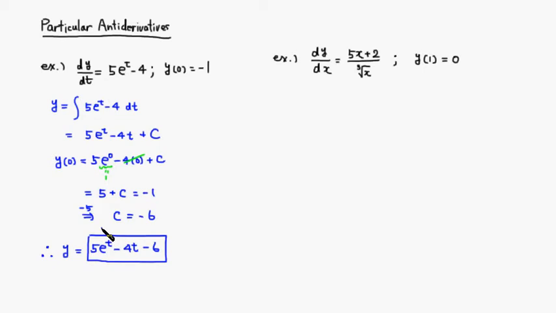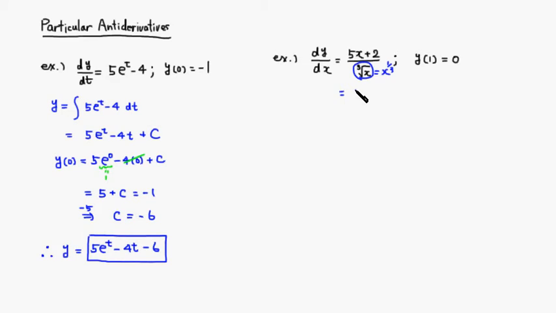So this is the formula of the y that we're looking for. Let's look at another example. Same question: you have a derivative of y with respect to x, and we want f of 1 to be 0. First thing we do is rewrite this so that it looks a little bit better. I don't like cube roots, so I'm going to rewrite this as x to the 1/3 power. I'm going to split into two fractions.